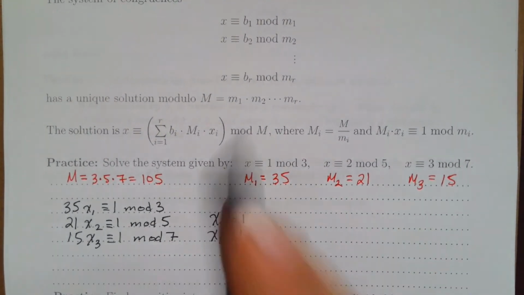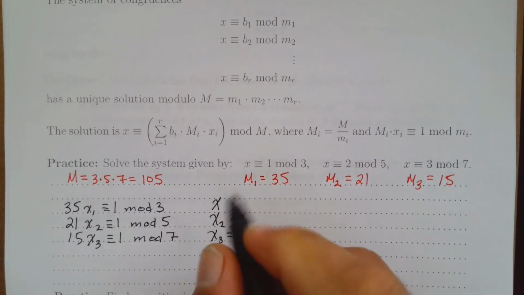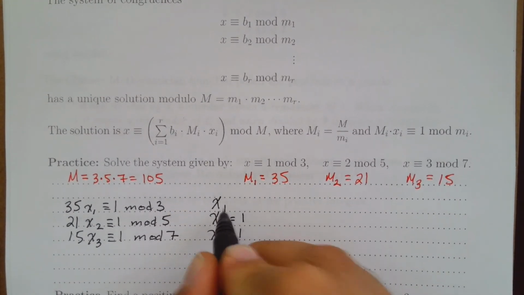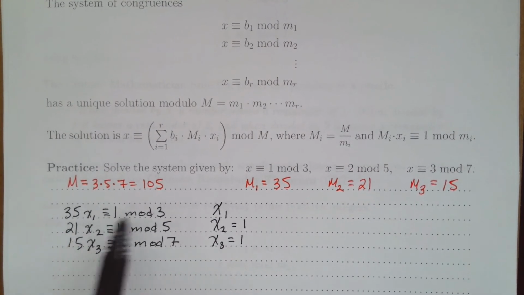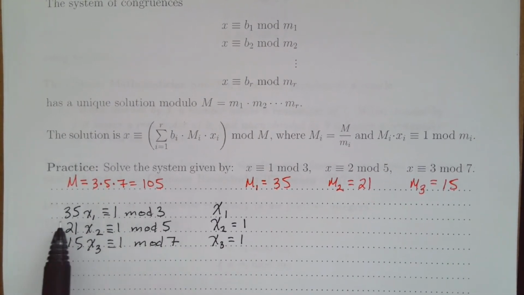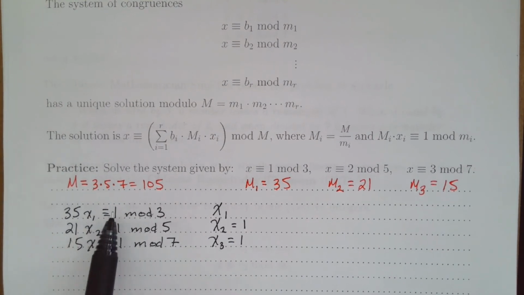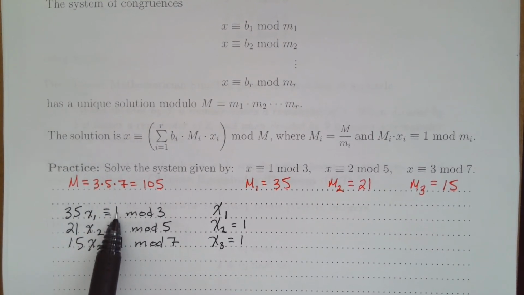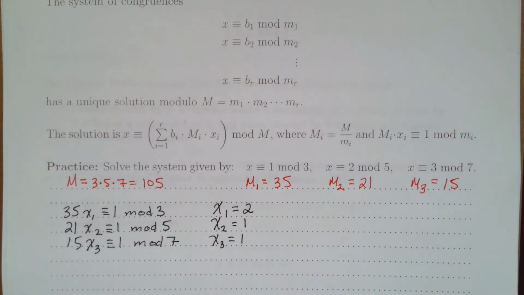And for x sub 1, 35 times 1 is going to be 2 mod 3, so that doesn't work. 35 times 2 is 70, and 70 is 1 more than 69, and 69 is divisible by 3, so x sub 1 then would equal 2.